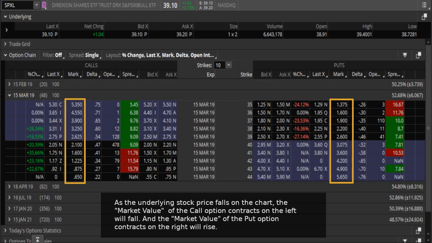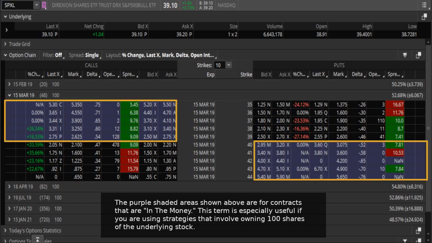Remember, calls and puts work opposite each other. The more valuable a call or put becomes is how far in the money it becomes, with the underlying stock's price moving in favor or against this strike price of the calls and puts.